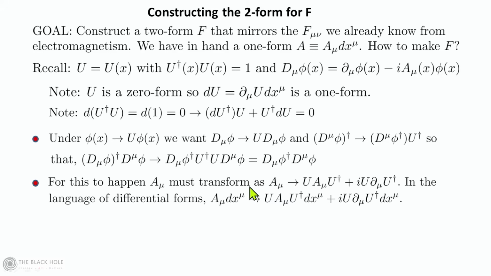So look at this transformation of A mu. I'm going to multiply this side and this side with the differential dx mu. So then this over here becomes a one-form. And now this dx mu, remember I can take it past this function. This U is a matrix function.